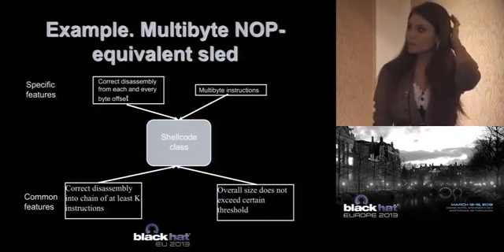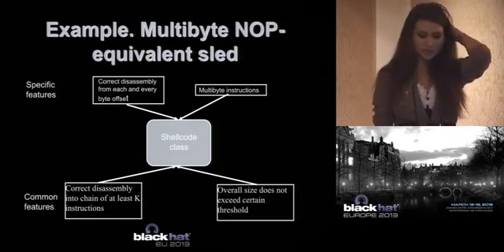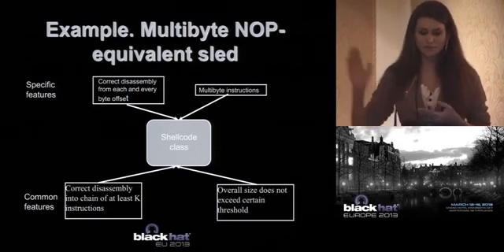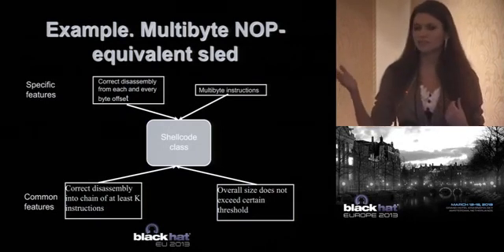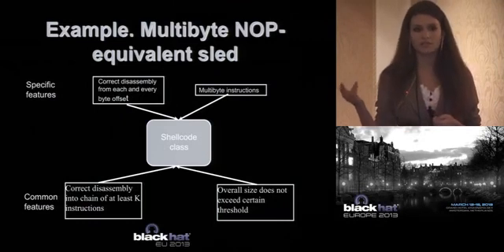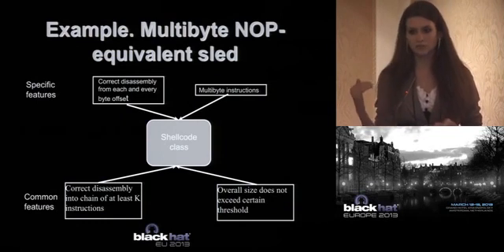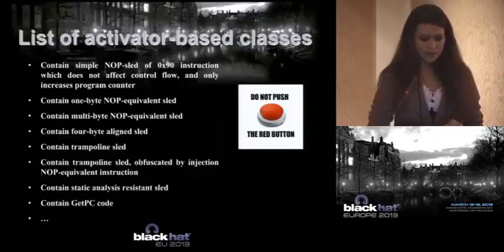We also have the requirement that such shellcodes be correctly disassembled from each and every byte offset. Because if we put our control flow to the wrong byte offset, we should be certain that we will reach the malicious payload correctly.